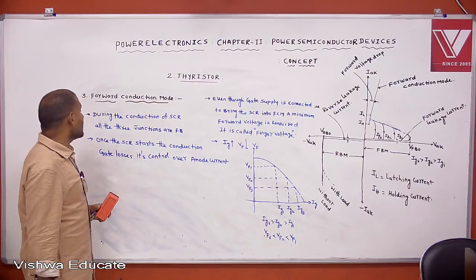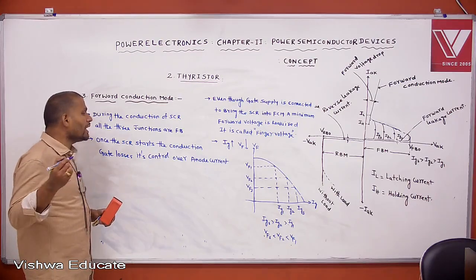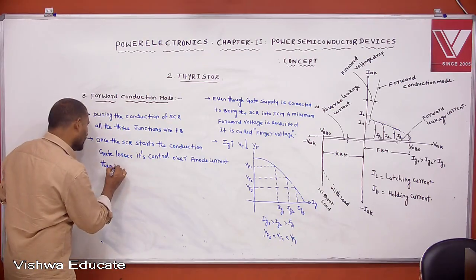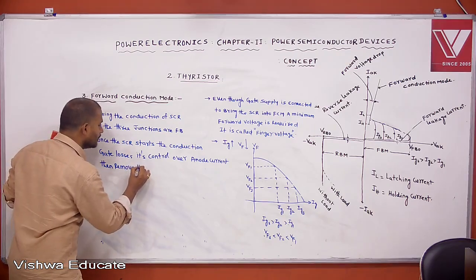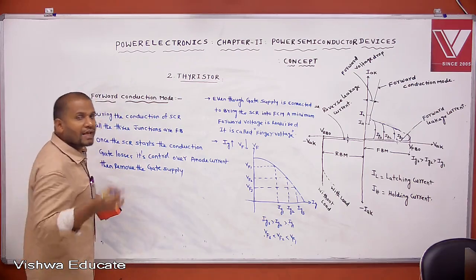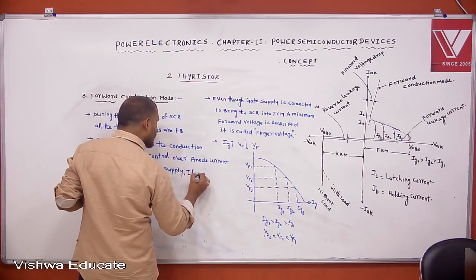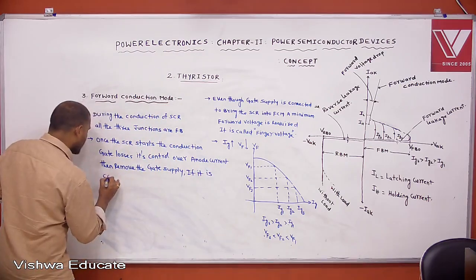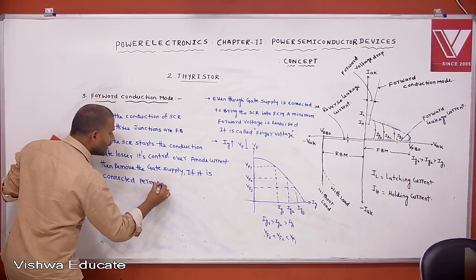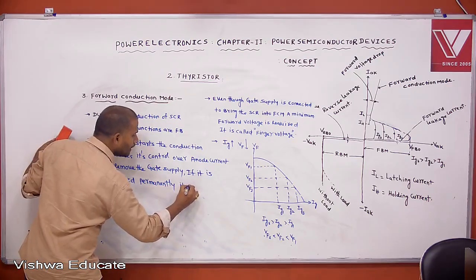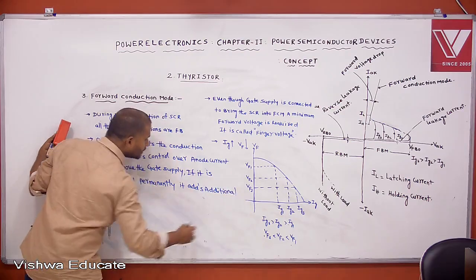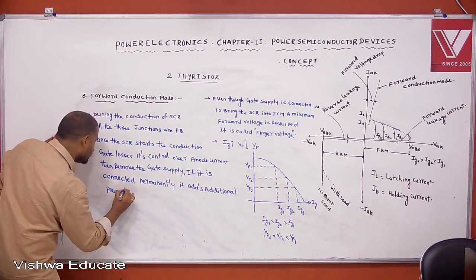That's why when the SCR starts the conduction, gate loses its control over anode current. Then remove the gate supply. If it is connected permanently, it adds additional power loss. That's the reason why remove the gate supply.